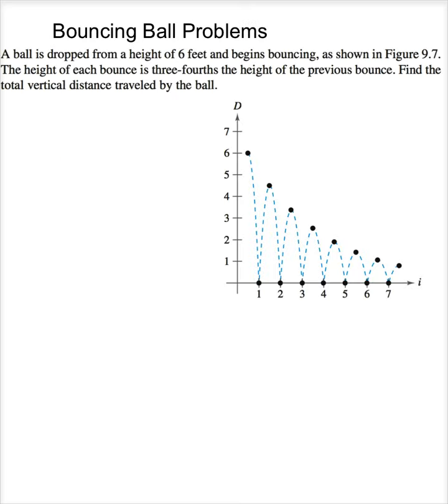Now, let's see if we can do a problem. Suppose a ball is dropped from a height of 6 feet and begins bouncing, and the height is always 3/4 of the previous bounce. Find the total vertical distance of the ball. Now, we're kind of showing horizontal distances here, but we're really not. Let's look at D1. The first distance is 6 feet.